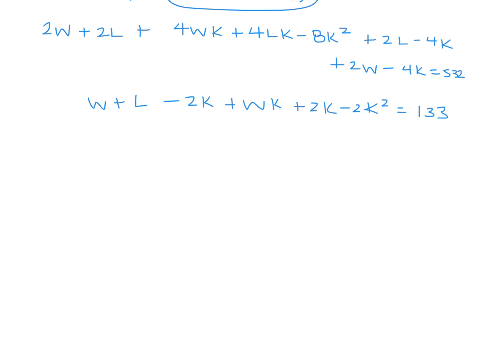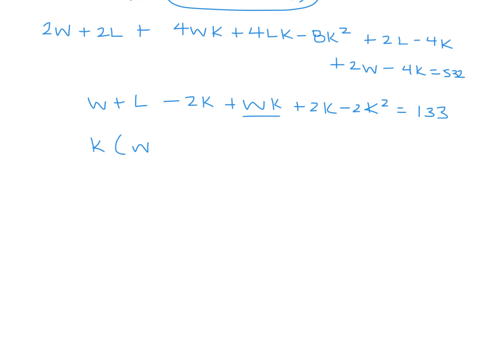Okay, so now at this point, this is when the factoring starts in. I'm going to factor out a k from some guys here. From this guy, that leaves me with a w. Is there a KL in here somewhere?